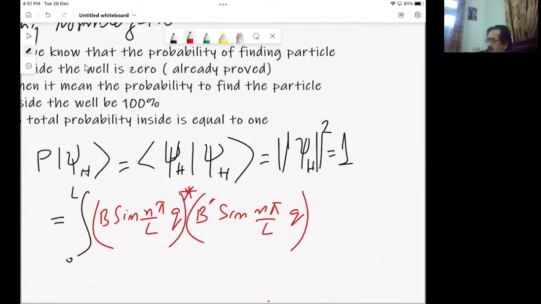It is changing with respect to q; L is constant, n is constant, pi is constant. I have already explained this in the previous lectures, in the postulate lectures.